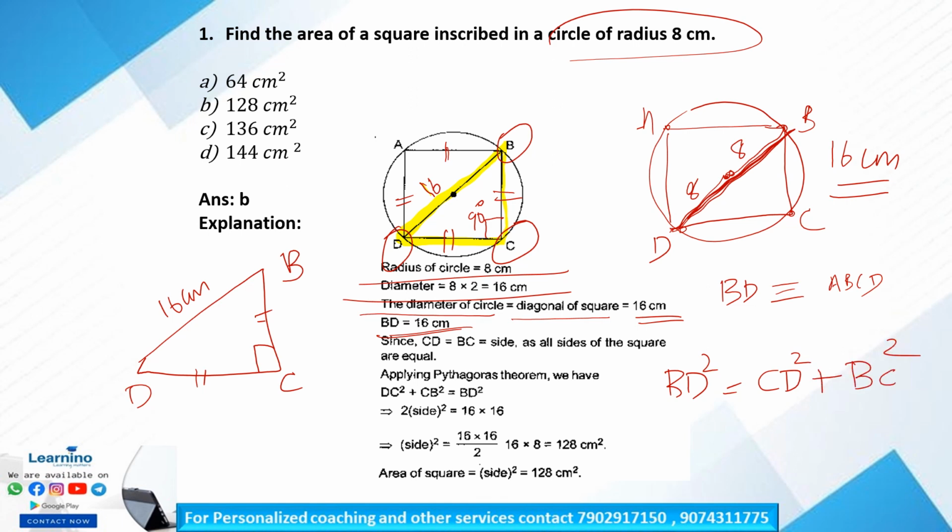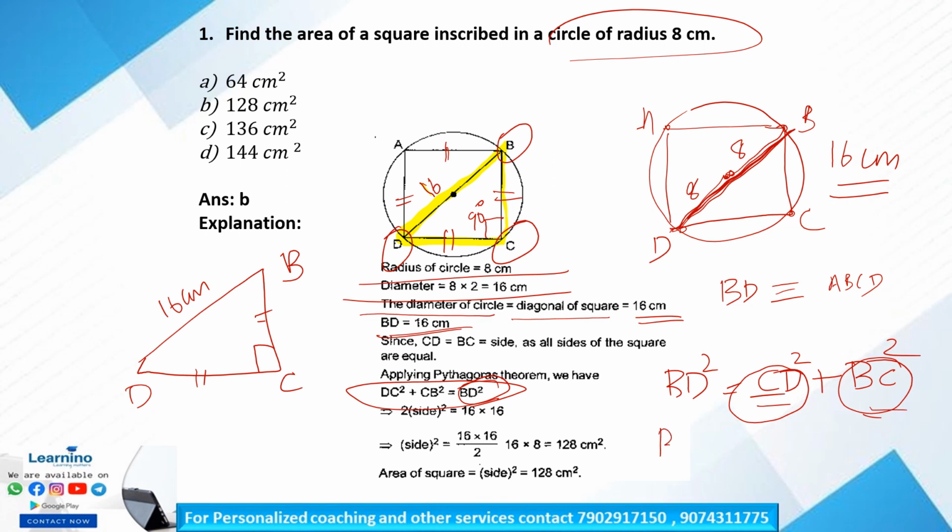So BD square is equal to CB square plus DC square, or CD square plus BC square, both are the same. We know that CD and BC are the sides of the square ABCD, so they are the same.